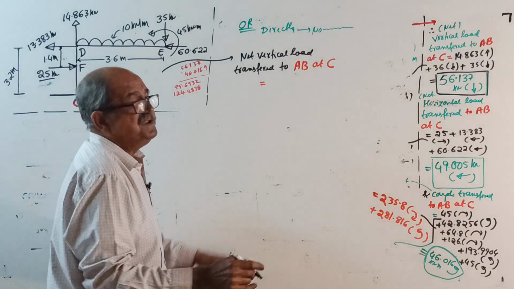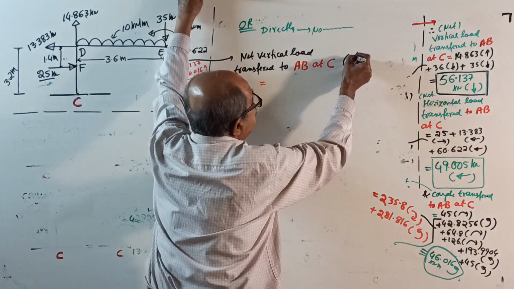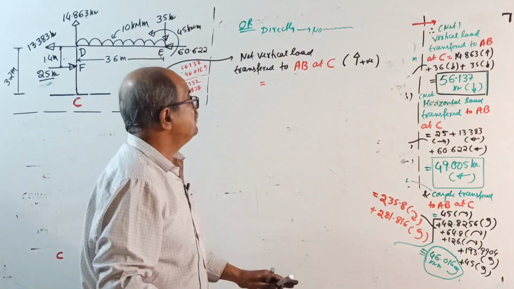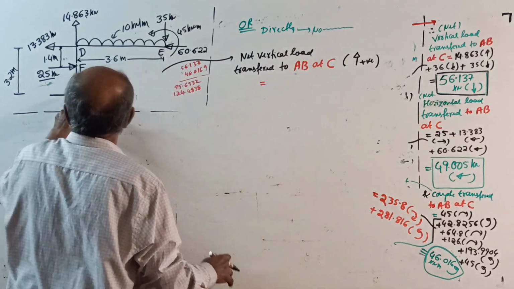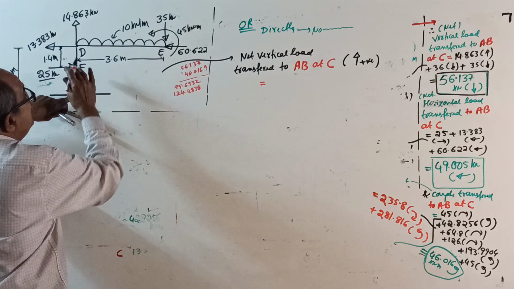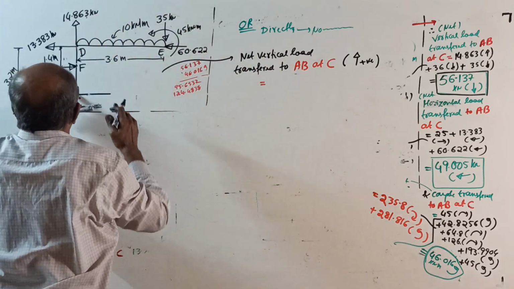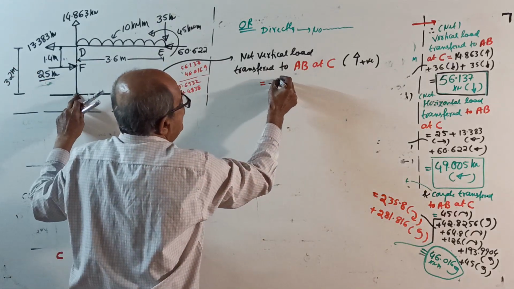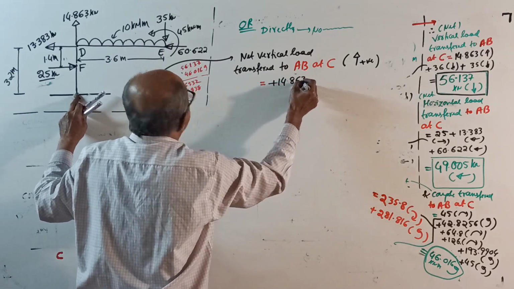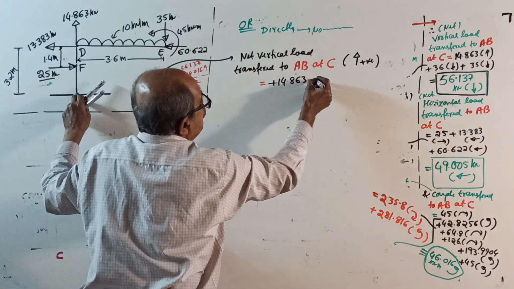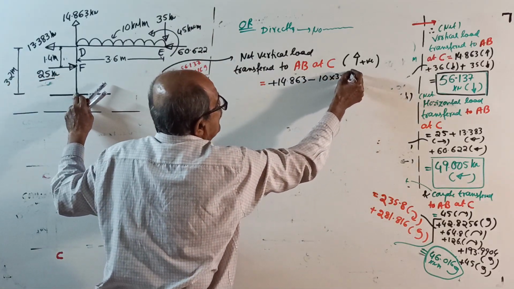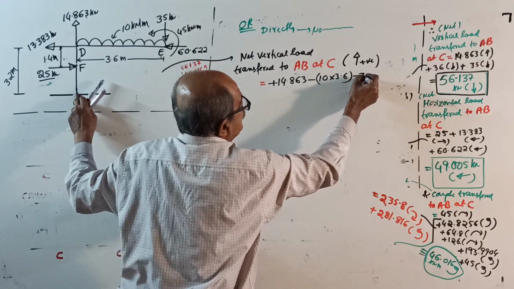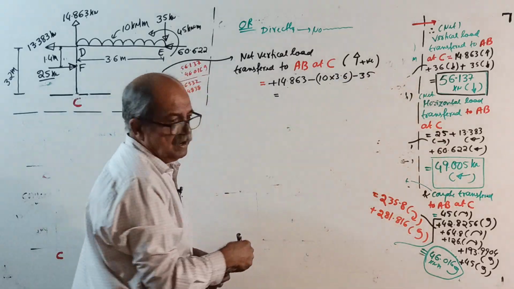Now you require a sign convention. We will take upward positive. Directly find the net force: put the finger at C, then plus 14.863, minus 10 into 3.6. This is upward, this is downward, minus 35. Calculate now.